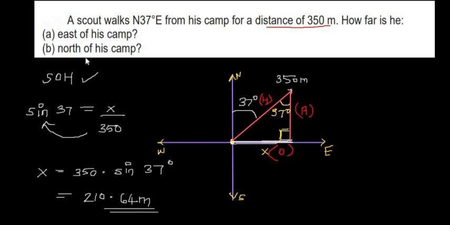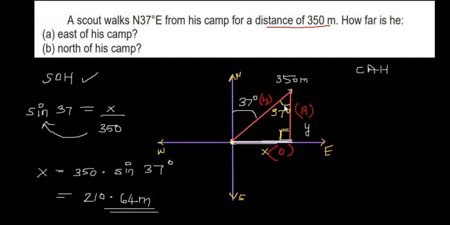Now in part B they have asked what is the distance traveled by him in the north direction, so north of his camp. That means in this direction, how much distance has he covered. Let me take the adjacent side as y, and now we need to find y. Again we are going to use the same right angle triangle, but now let us see if CAH works, that is cos.